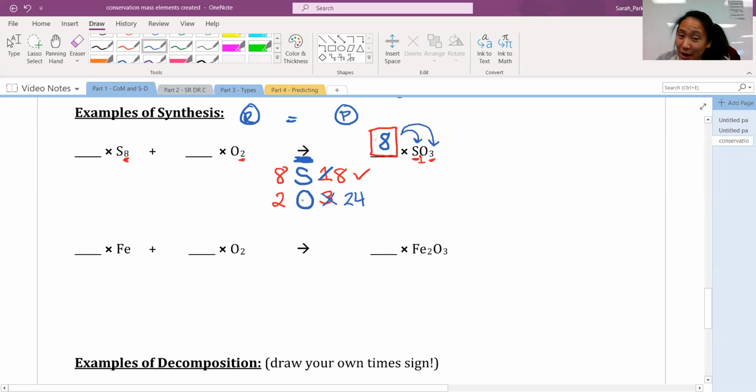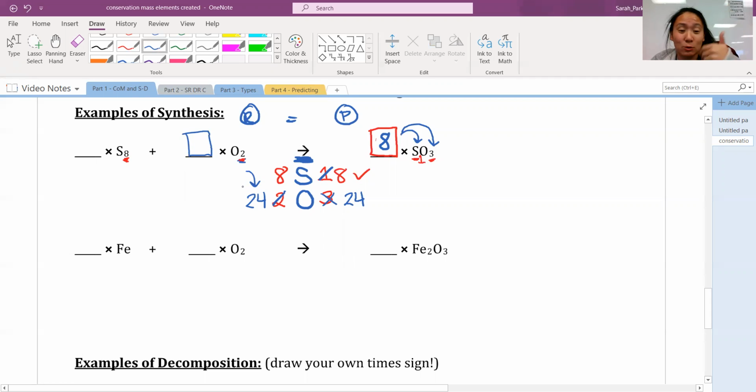So now you're thinking, okay, my oxygens are not balanced. I have 2 on the left-hand side of the arrow, but I have 24 on the right. So how can 2 become 24? What number am I going to multiply with? So what number should go here multiplied by 2 that gets me to 24?